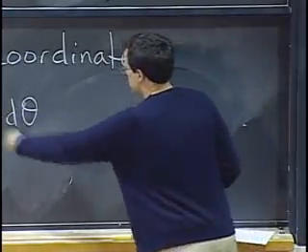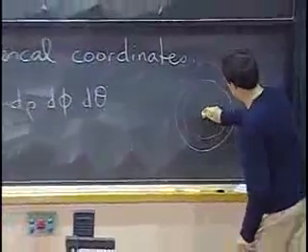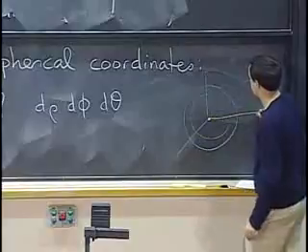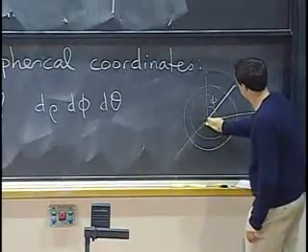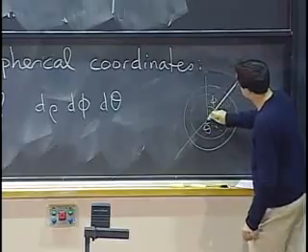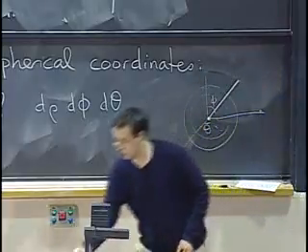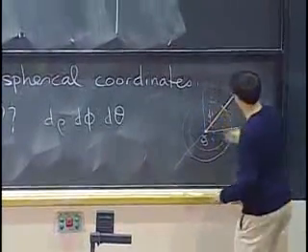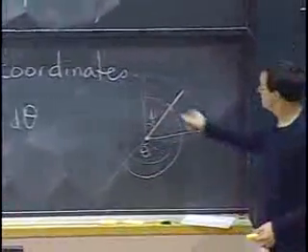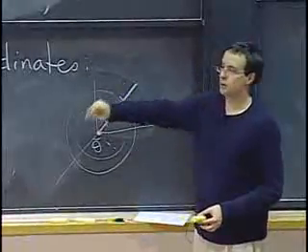If you first integrate over rho, it means that you will first choose a direction from the origin given by phi and theta. And in that direction, you will try to figure out how far your region extends. And of course, how far that goes might depend on phi and theta.